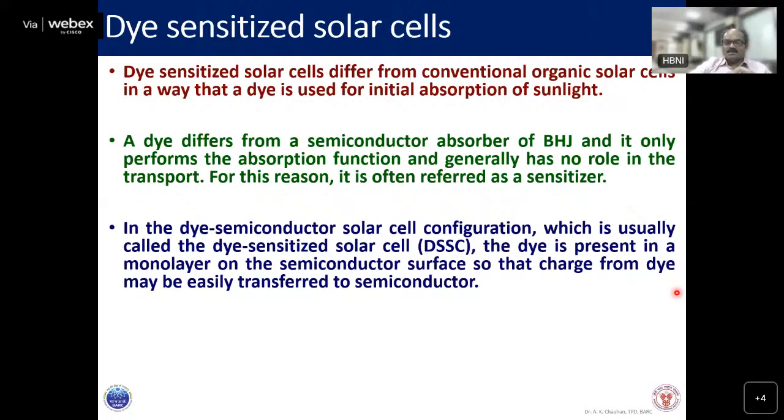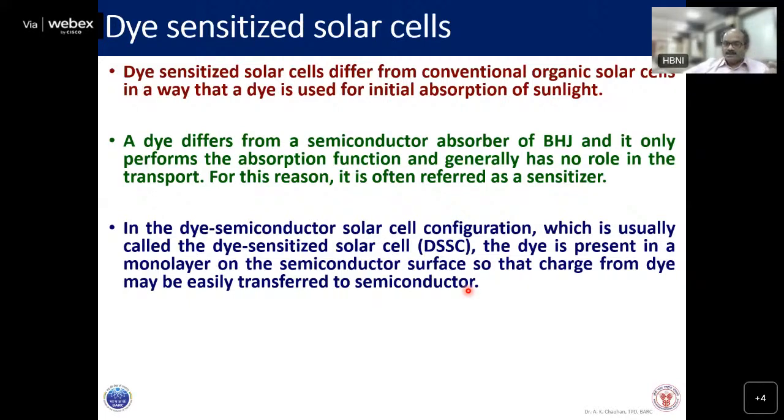So that dye is the sensitizer. It absorbs, the exciton is excited, and the electrons are immediately collected by the semiconductor TiO2. The dye is present in a monolayer on the semiconductor surface, so that charge from the dye may be easily transferred to the semiconductor.